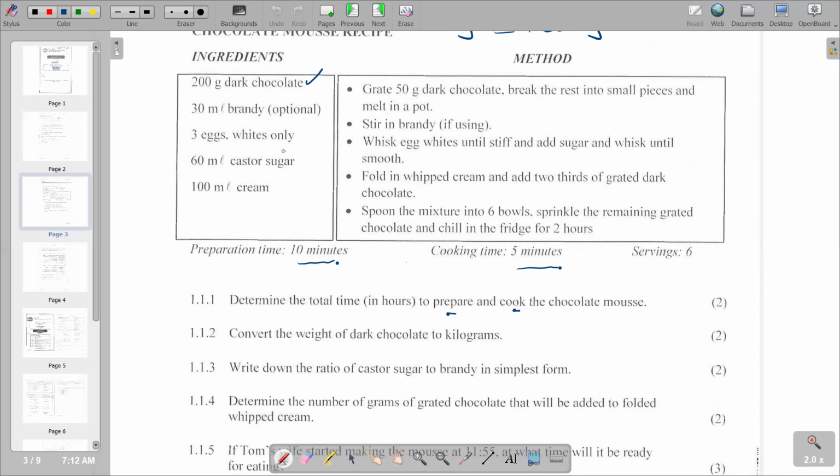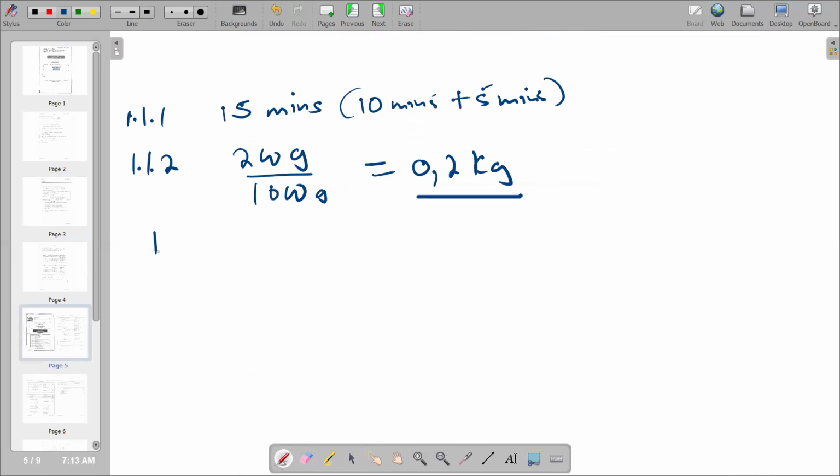The caster sugar is given here as 60, so we are saying 60 is to the brandy, which we are given here as 30. So we have 60 is to 30, and we present a ratio in that form. For the answer section, we have 60 milliliters is to 30 milliliters.